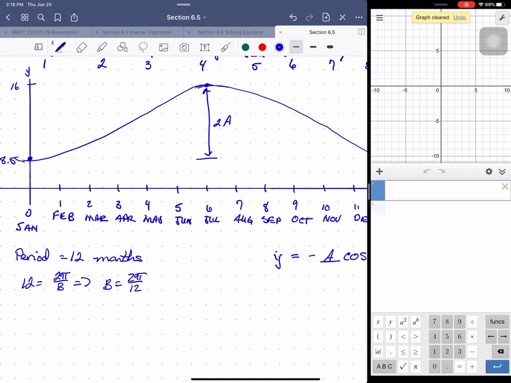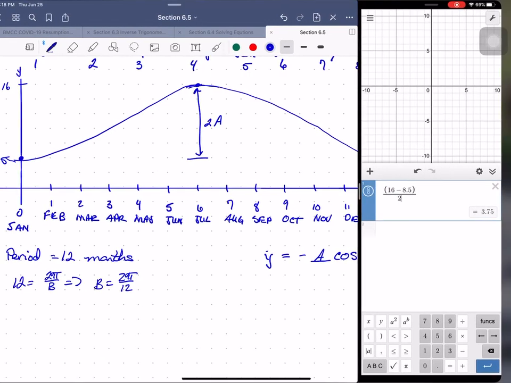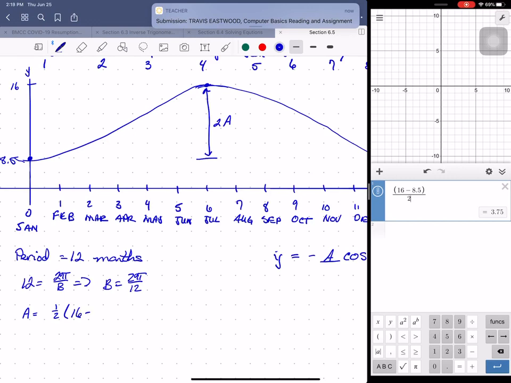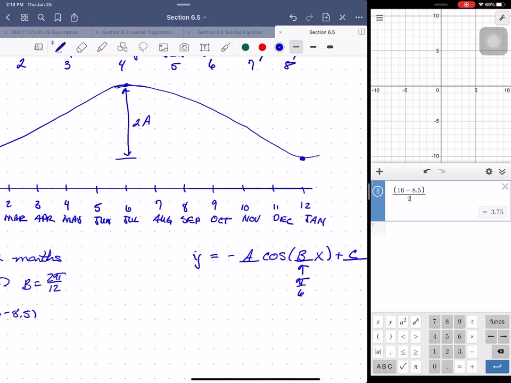So we want 16 minus 8.5, but I want to divide that by 2, and I get 3.75. So my amplitude is 1/2 of the max minus the min, or 3.75.